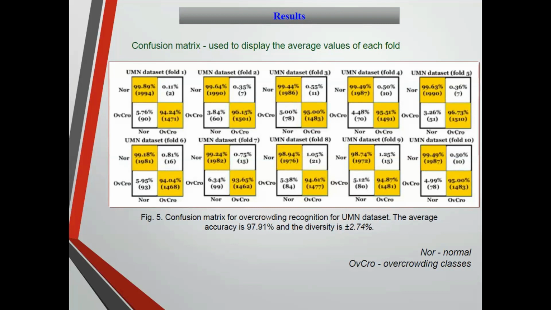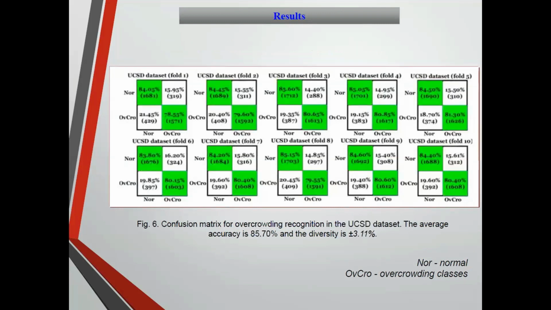Similarly, this is the confusion matrix for the overcrowding region in the UCSD data set. Here the average accuracy is 84.78 and this one is 85.70%, and the diversity is plus minus 3.11.